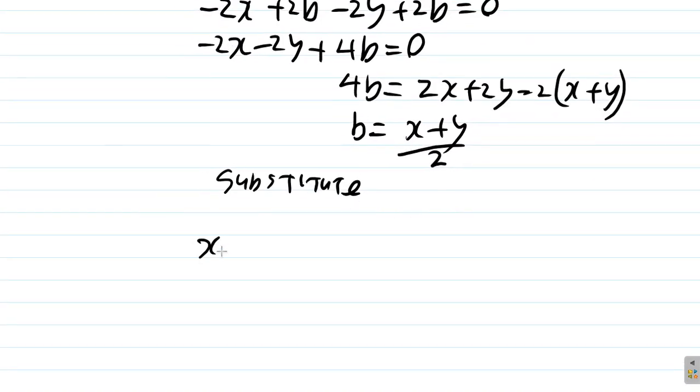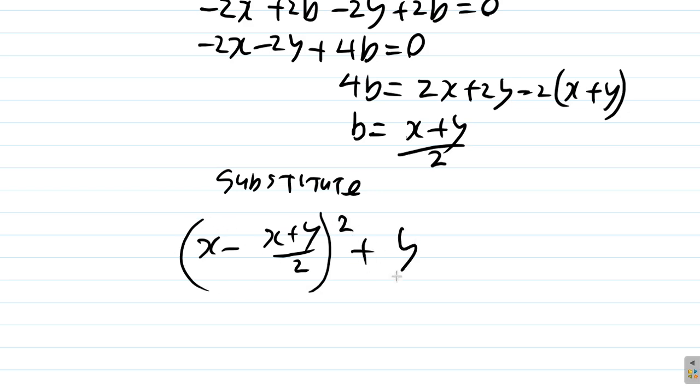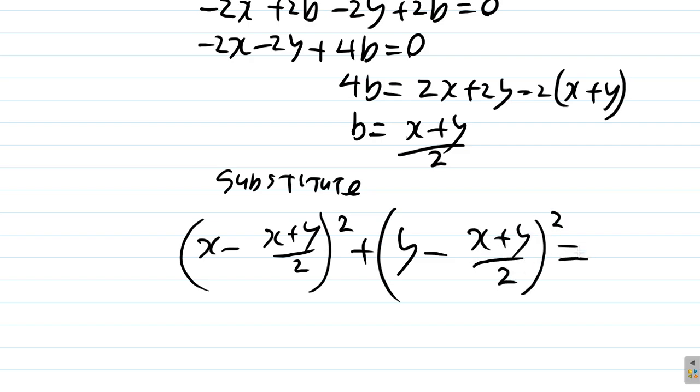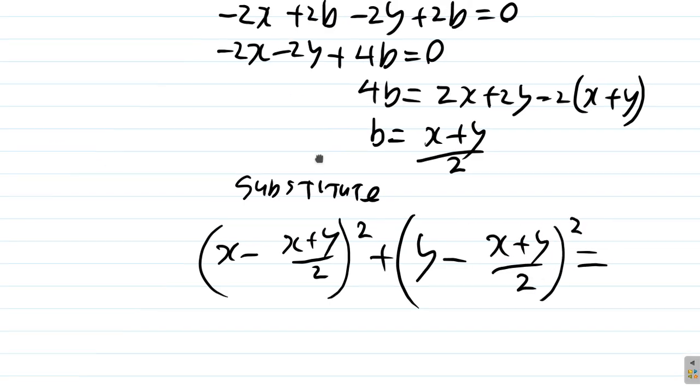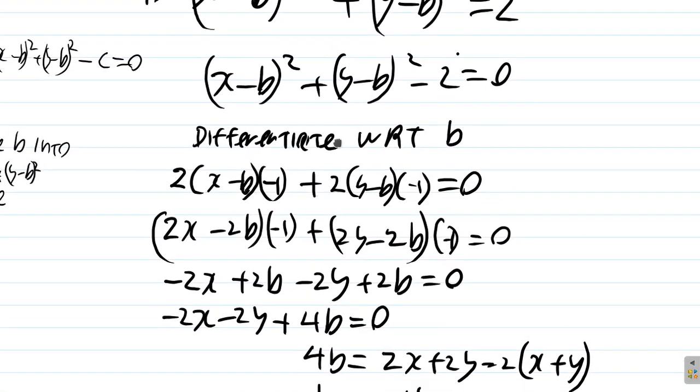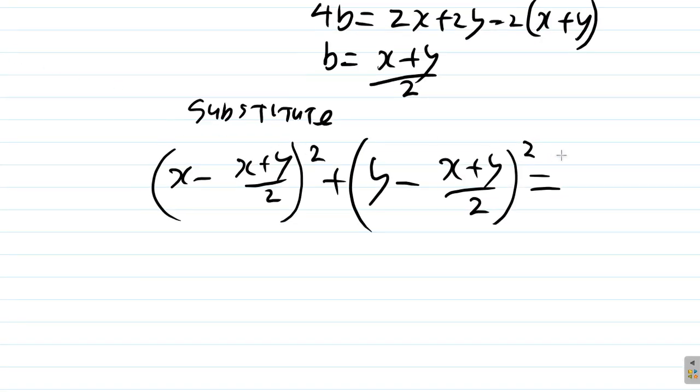So it's going to be (x minus (x plus y) over 2), which is b, squared, plus (y minus b), but b is (x plus y) over 2, squared, equals 2.